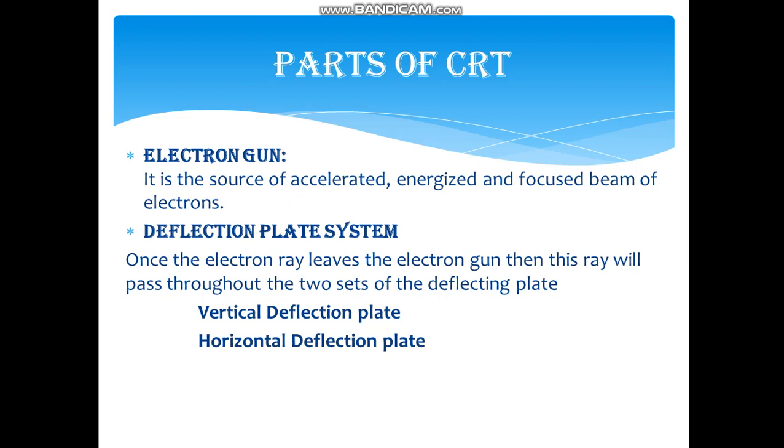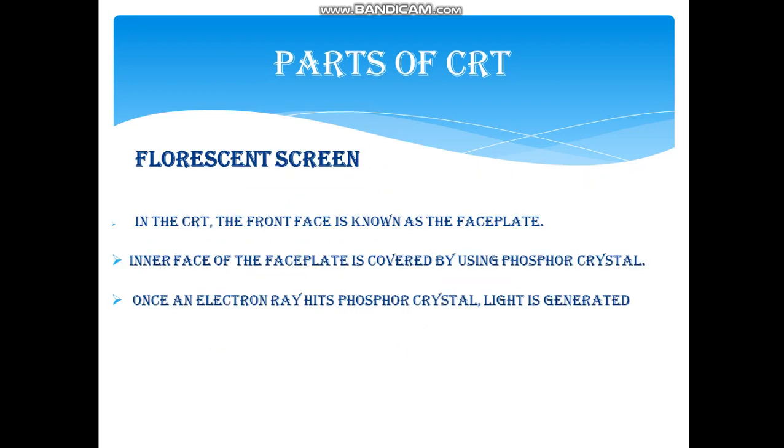Next, the deflection plate system. Once the electron ray leaves the electron gun, it passes through two sets of deflecting plates. One is the vertical and the second is the horizontal deflection plate. Next is the fluorescent screen. In the CRT, the front face is also known as the face plate.